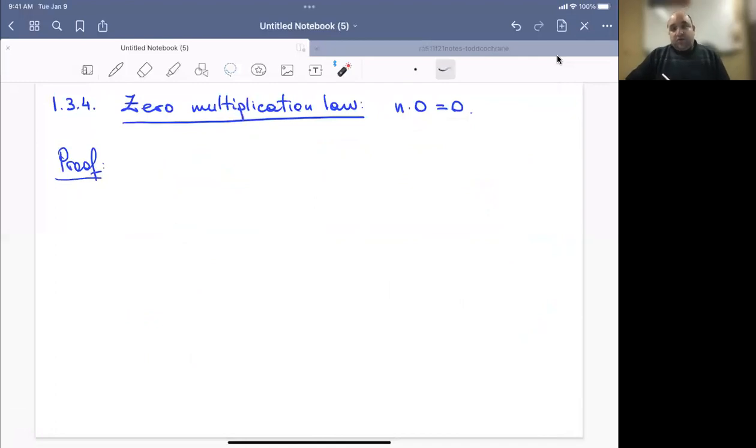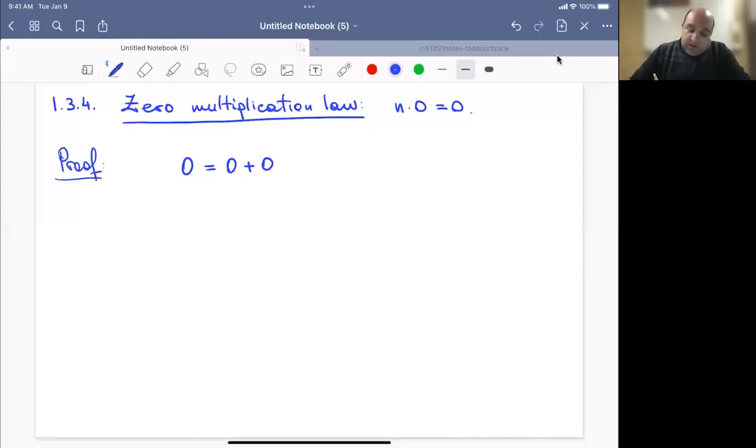So how would we start this? Well, let's use the fact that 0 is the additive identity, so I can write 0 equals 0 plus 0.